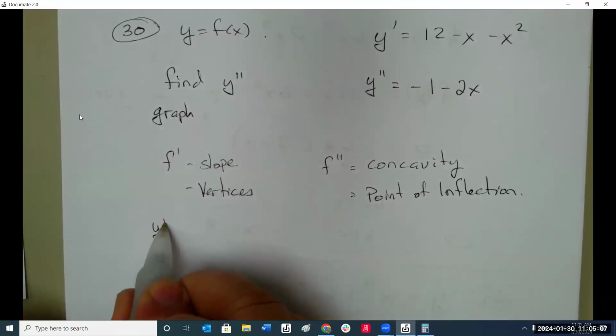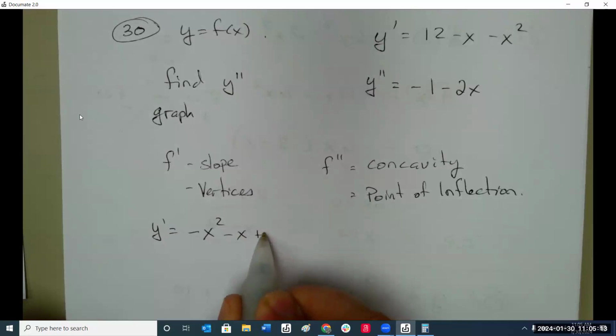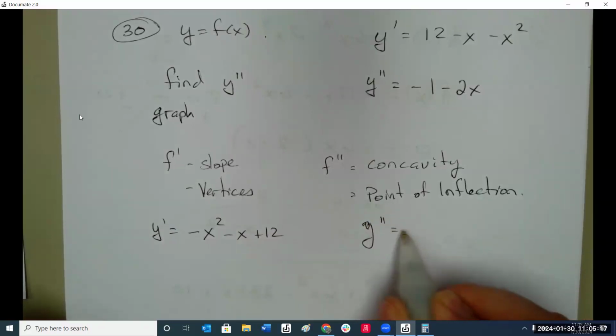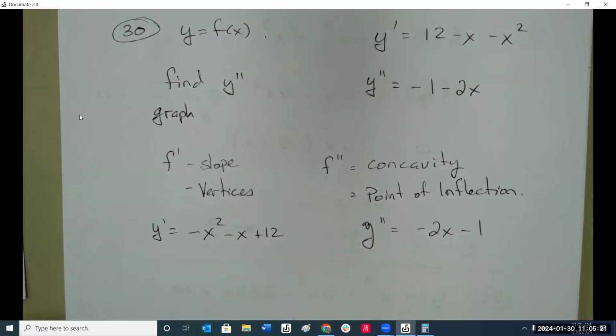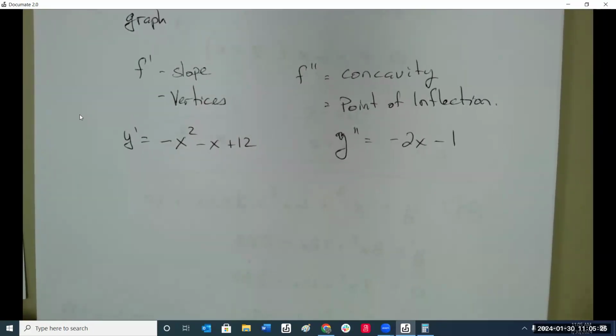Another thing it tells us is where the vertices are. So we have y prime equals negative x squared minus x plus 12, and y double prime equals negative 2x minus 1. And that's just you reorganizing the terms? Yes, because I want the highest exponent there.